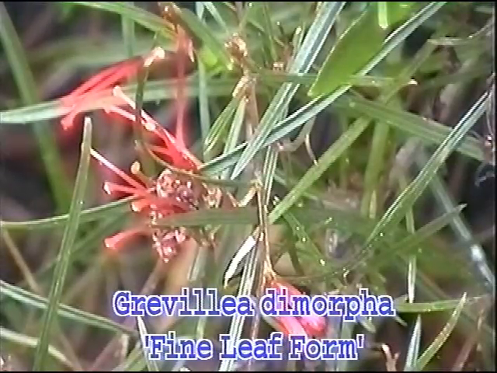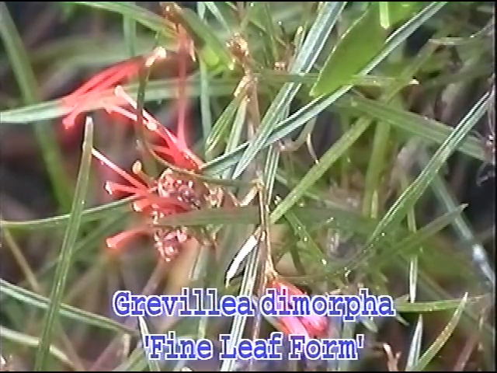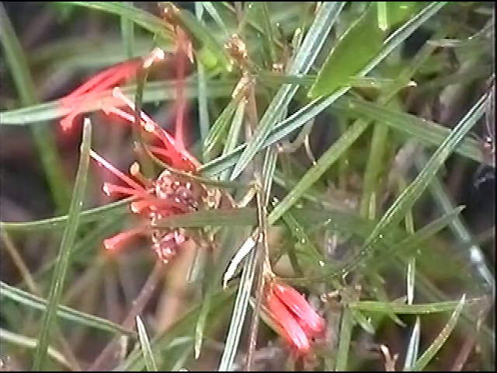Grevillea dimorpha is sometimes classified as a subspecies of Grevillea speciosa. This plant can grow 1 to 2 metres tall and 2 metres in diameter. It has brilliant red flowers and the foliage fine or broad.